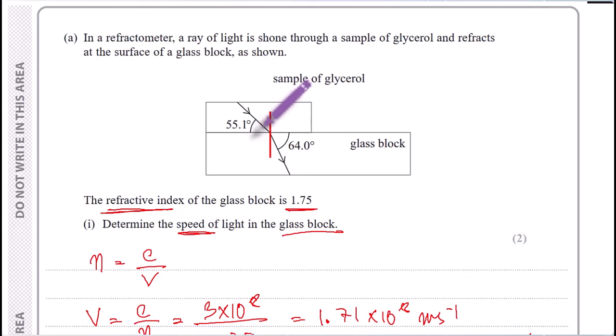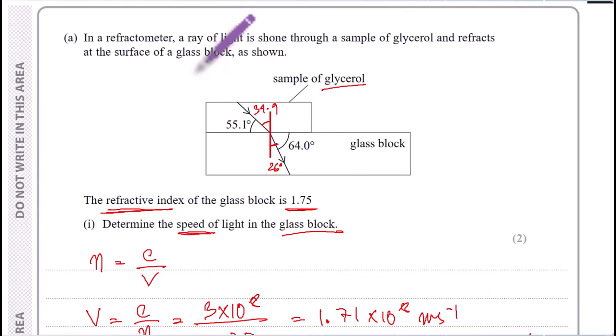So this is my angle in glycerol, and this would be the angle in glass. So this value should be 90 minus 55.1, which gives you 34.9. This is 34.9, and this is 90 minus 64, which gives you 26 degree, right?